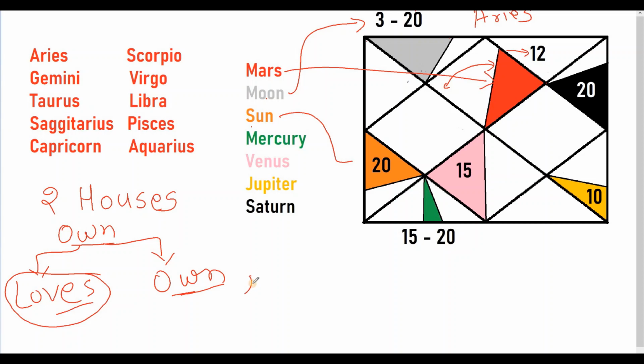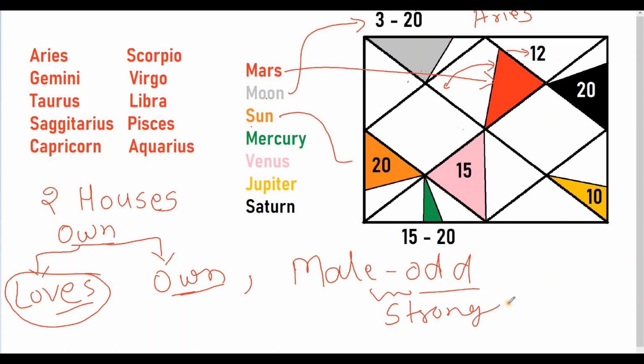Yet some would say that most of the times the male sign or the odd sign becomes the Mool Trikon sign, because odd signs or male signs are inherently stronger than the even signs. And there is obviously an exception of Moon, which is Mool Trikon in Taurus, and Mercury, which is Mool Trikon in Virgo.